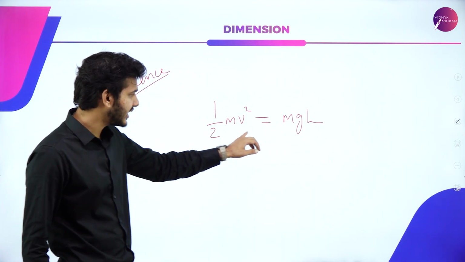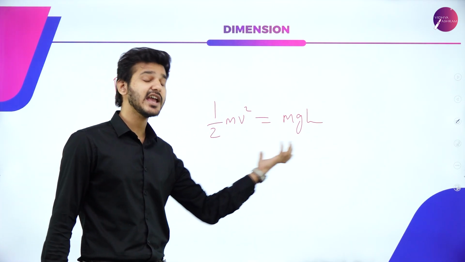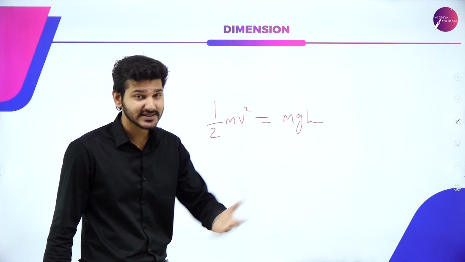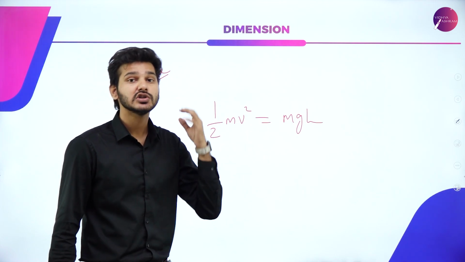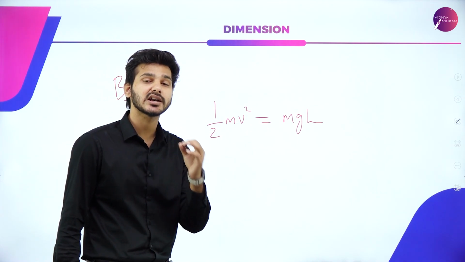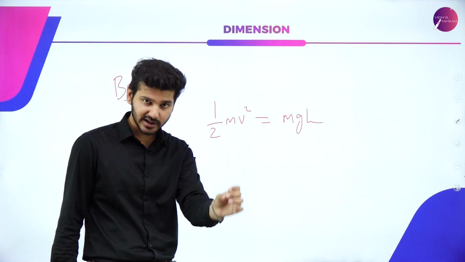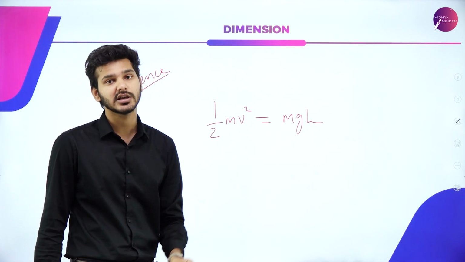It is said that energy has the same dimensions, but we don't believe anything blindly because we are physicists and we are going to find out if these are dimensionally correct. So we can check the dimensional correctness of equations, check if two equations are dimensionally balanced, and check the dimensional consistency of an equation.